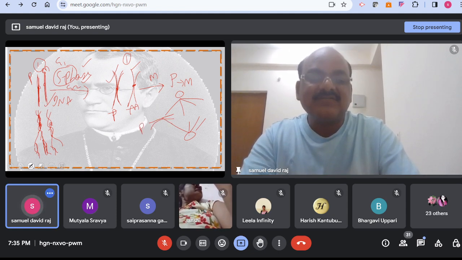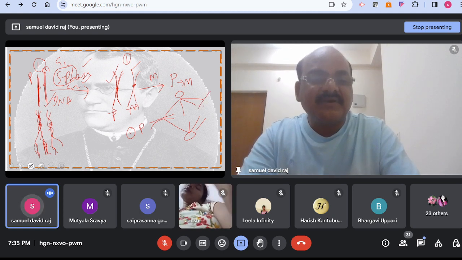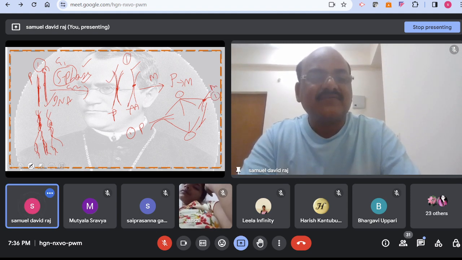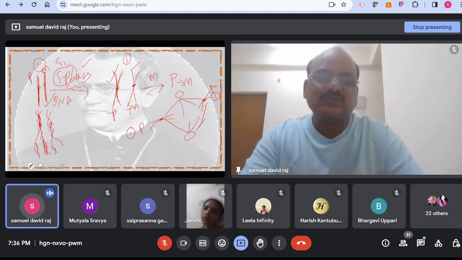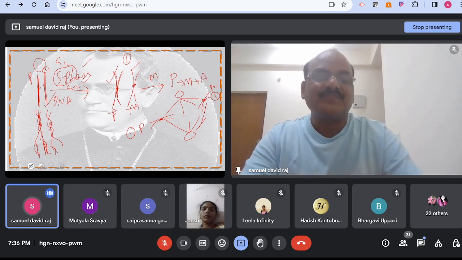Here the paternal first chromosome is there, and here the maternal first chromosome is there. Both are connected by the same centromere. Now this enters the anaphase.